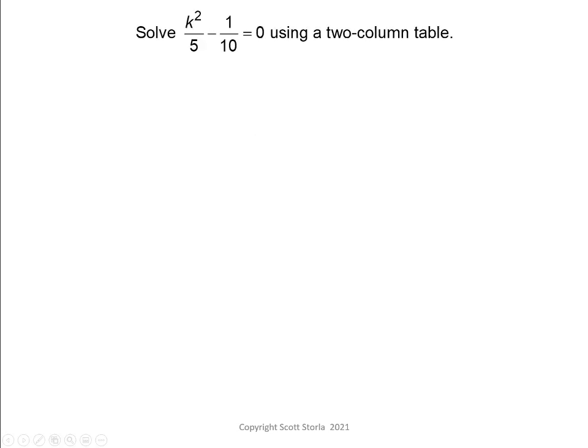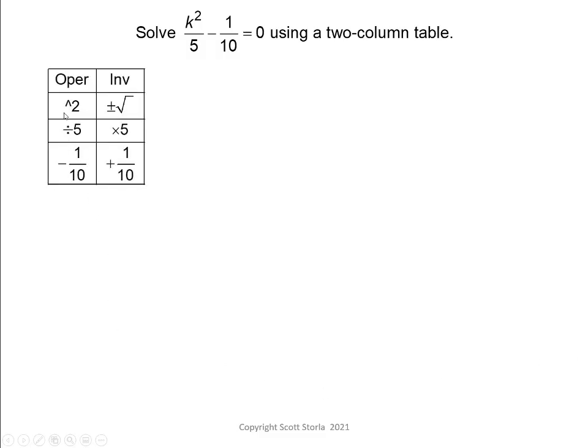Try this one. There's a little bit of work with your final answer. We have three operators: squaring, dividing, and subtracting. Squaring will be first, dividing second, subtracting last. Here are my inverses.